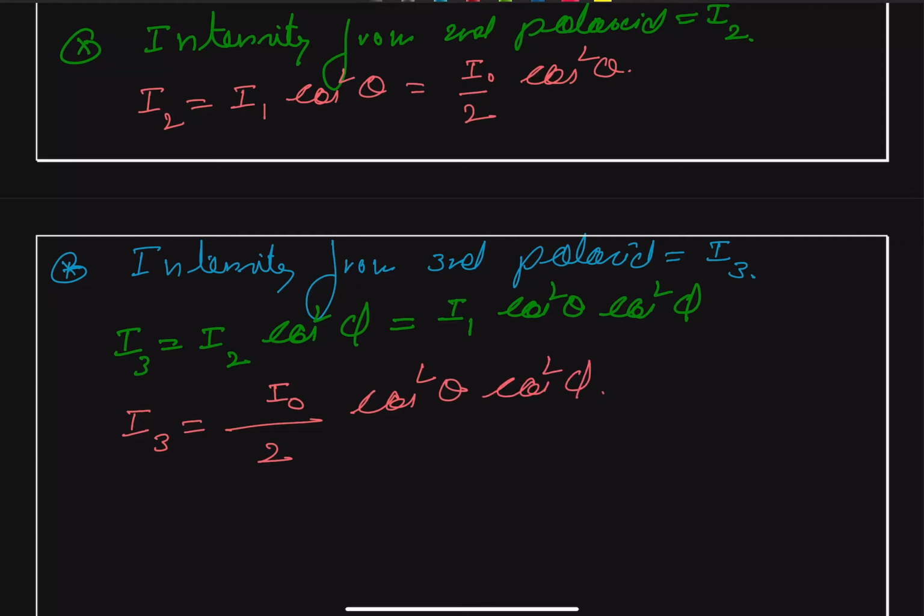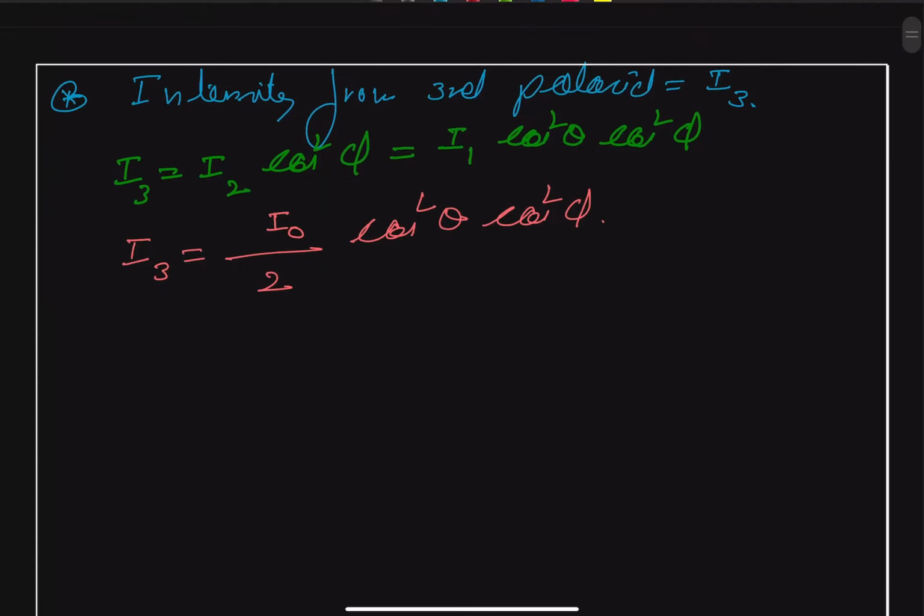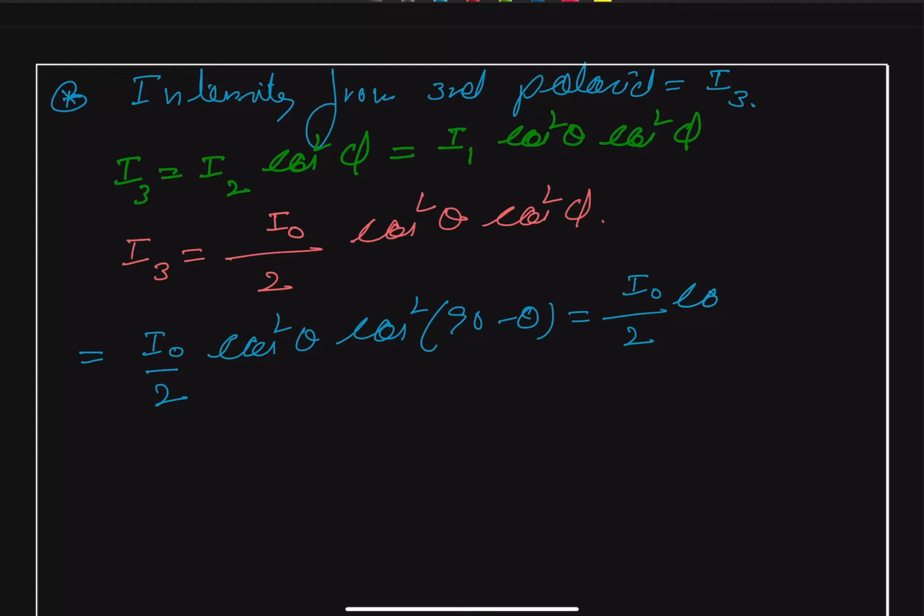And we already know that our phi is equal to 90 minus theta. So we substitute it. We can write this as I0 by 2 cos square theta cos square of 90 minus theta, which is our sine square. So we can write this as I0 by 2 cos square of theta and sine square of theta.